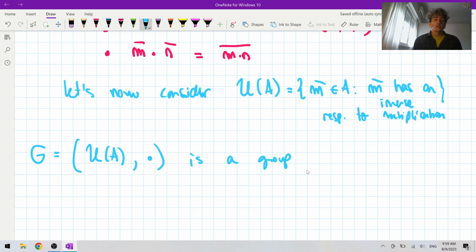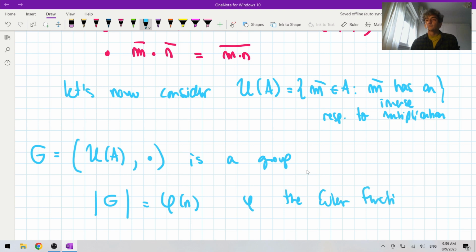Now, clearly, the number of elements of G, that is the amount of units, is actually phi of n, with phi the Euler function. You can take this as the definition of the Euler function, if you will.